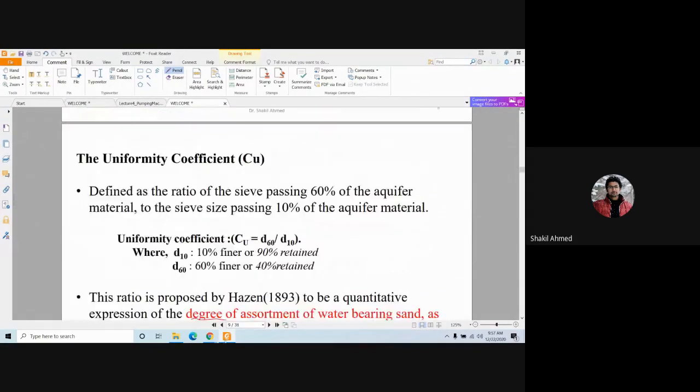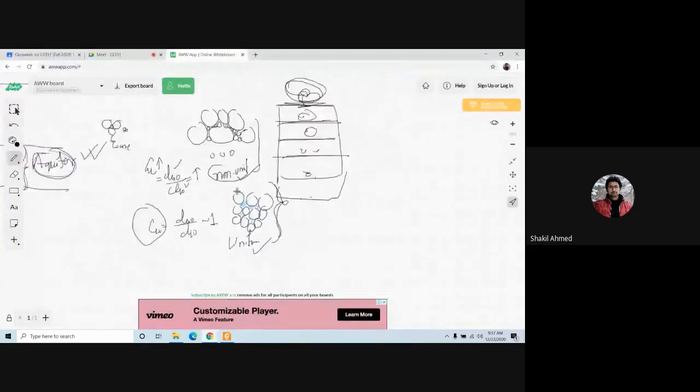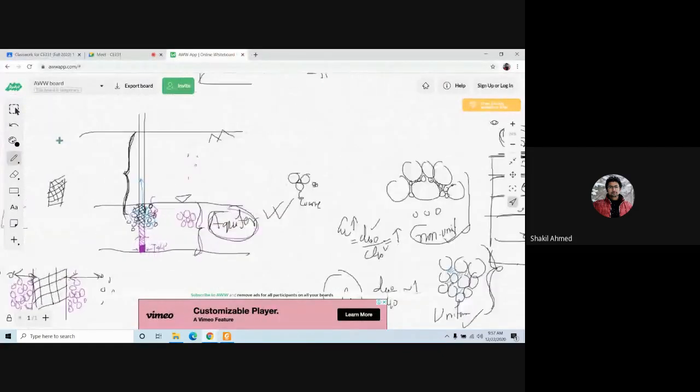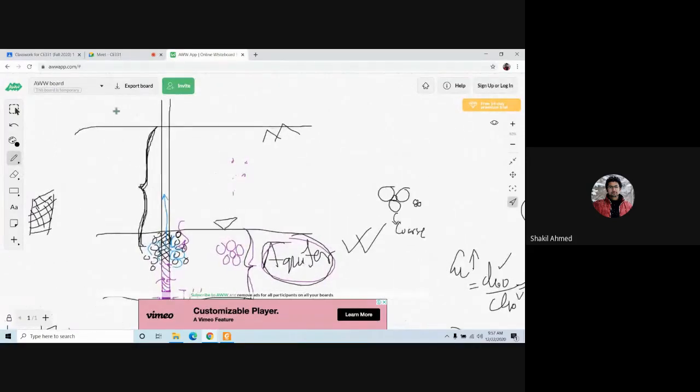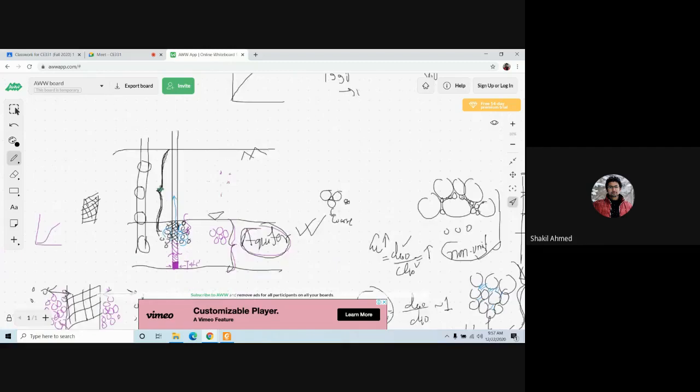So what was our objective? Our objective is to determine the location of the aquifer. For that reason we bore holes, and we collect samples at different depths. For each of the samples, we do grain size analysis and draw this graph.